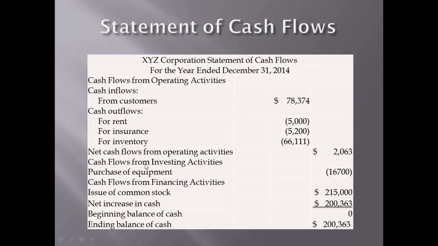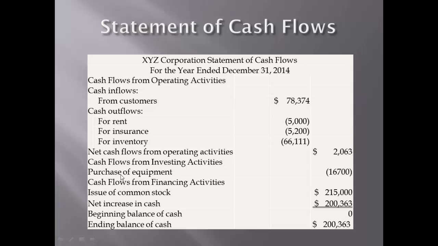Now note that for XYZ Corporation, the only cash flow reported under investing activities is a cash outflow. Negative is a cash outflow, and this is for the purchase of equipment. So the company paid cash for the purchase of equipment, and it is an outflow.